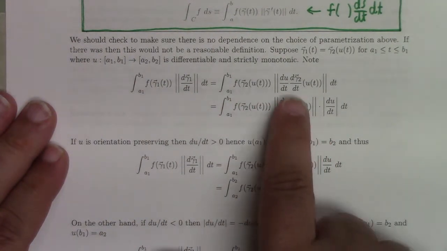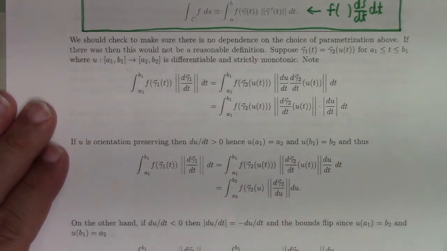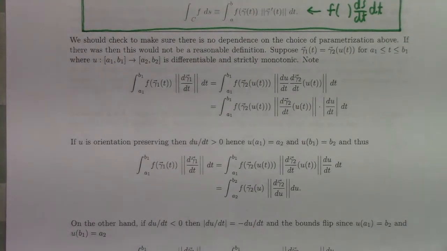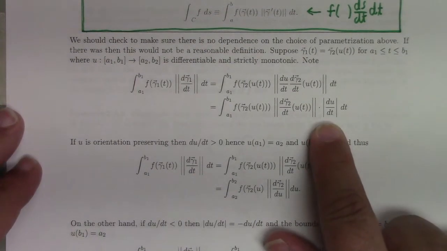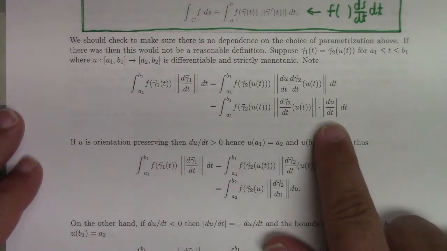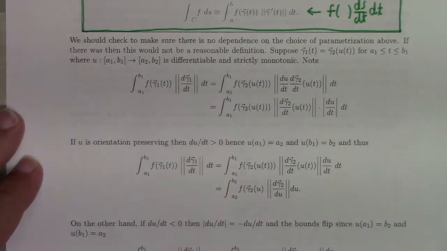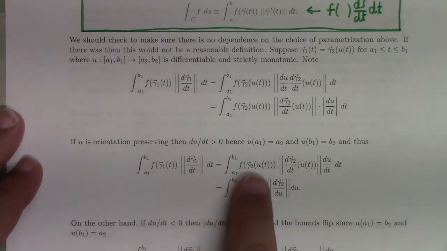Out pops, by the chain rule, this du dt term. And then there are two cases to think about. Either it's orientation preserving, in which case the du dt is positive, so the absolute value is just the quantity again. And so we can do that integral.